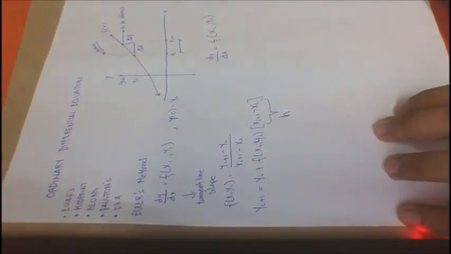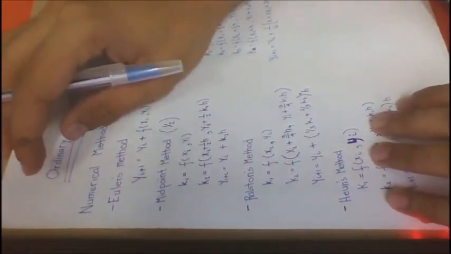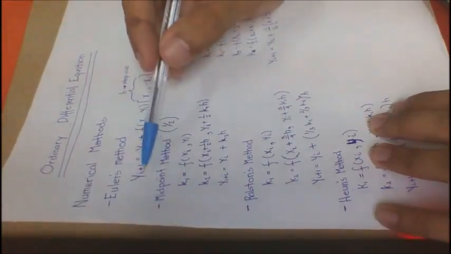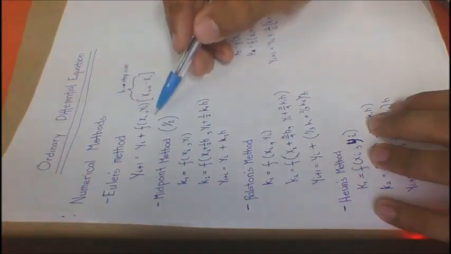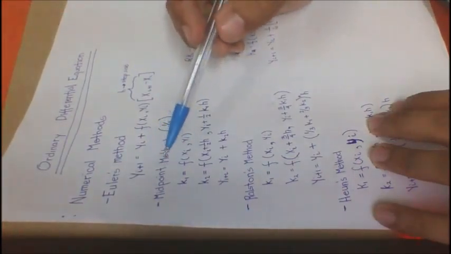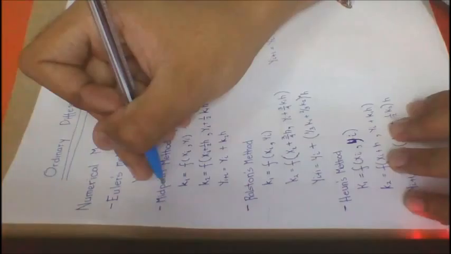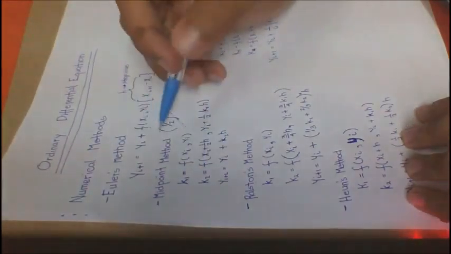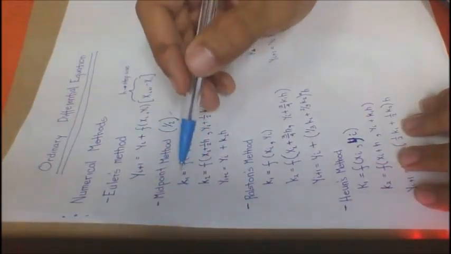Now, here are the different numerical methods I am to discuss to you. The first one is Euler's method, for which I have already discussed the formula for getting the next y value. Now for the midpoint method, you are to memorize the number 1/2. In the midpoint, Ralston, and Heun's methods, we are to solve two constants, K1 and K2.